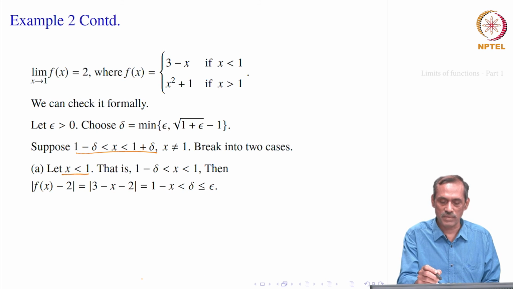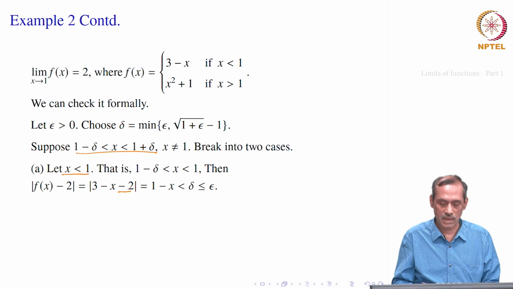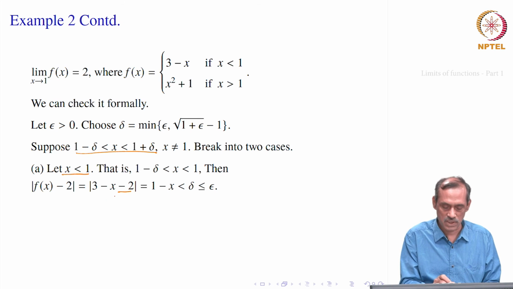Under this we have to verify whether the absolute value of f of x, which is 3 minus x there, minus 2, is less than epsilon. Is it so? 3 minus x minus 2 is equal to 1 minus x, and from 1 minus delta less than x less than 1, it shows that 1 minus x is less than delta, right.